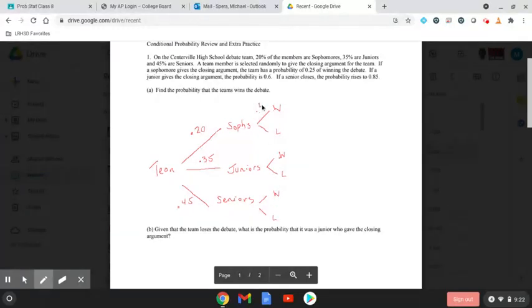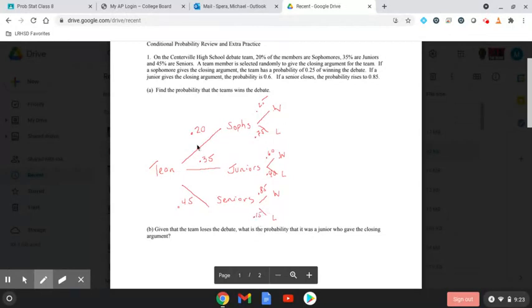So 0.25, 0.6, and finally 0.85. The more experienced debater, the senior, has more chance of winning. Notice we're not adding those up, because that would give us way over 100. Each set of branches should be the equivalent of 100%. So that's 0.75, that's 0.4, and this is 0.15.